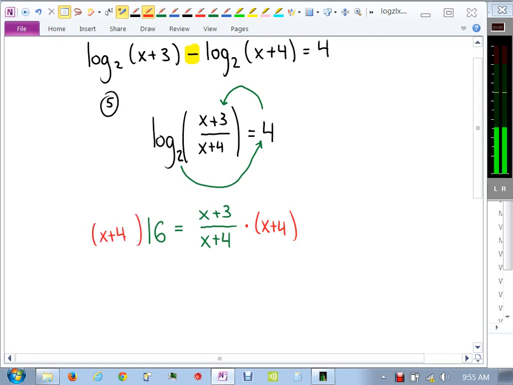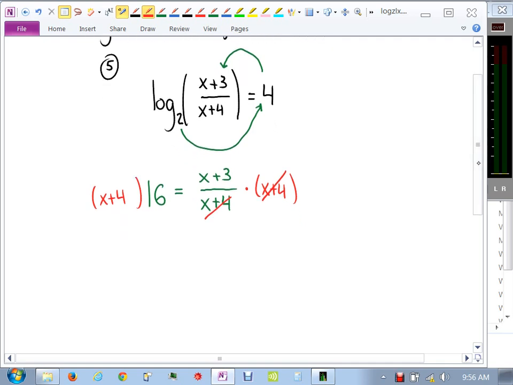We do that because on the right side, the x plus 4 cancels with the x plus 4. On the other side, you have to distribute that 16 through. So you get 16x plus 4 times 16, 64, must equal x plus 3. And that is a linear equation, right?